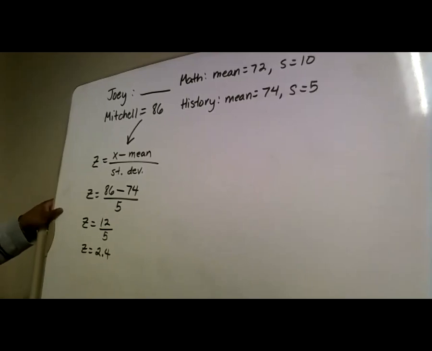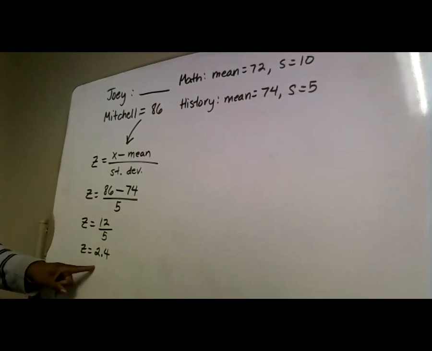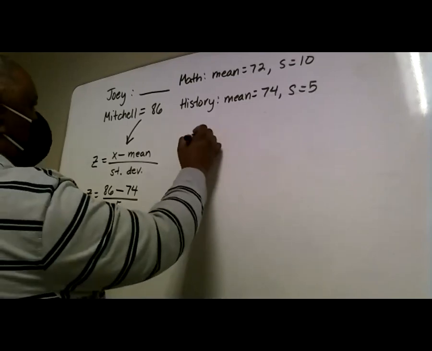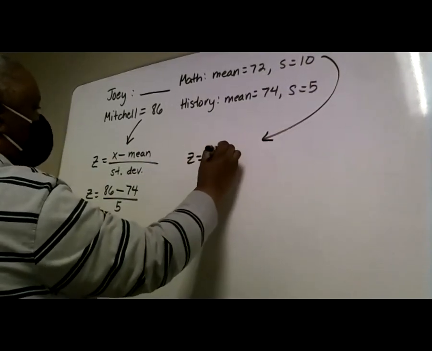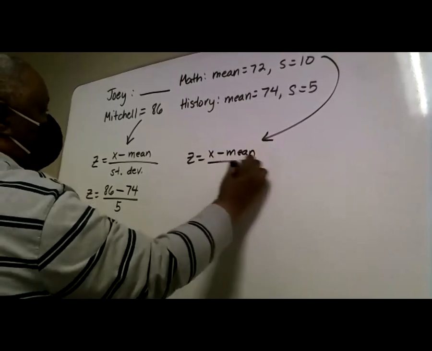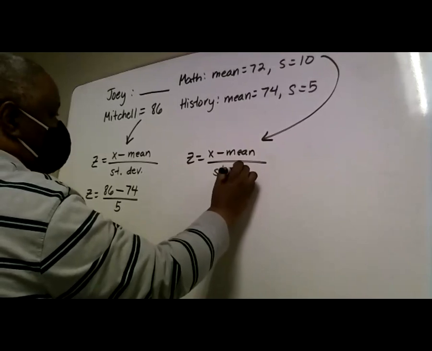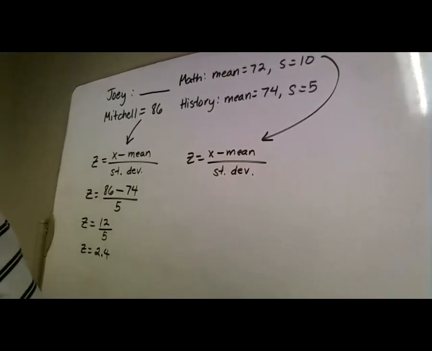And then that question that asks, what is the minimum score that Joey should have earned to score relatively higher than Mitchell? Well, the z-score there was 2.4, so we're going to use that to find out what would be the minimum score he would need. I'm still going to use that z formula. z is equal to the x value minus the mean divided by the standard deviation.